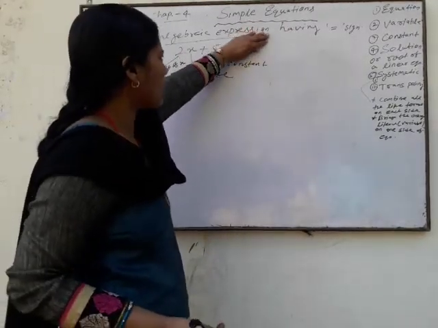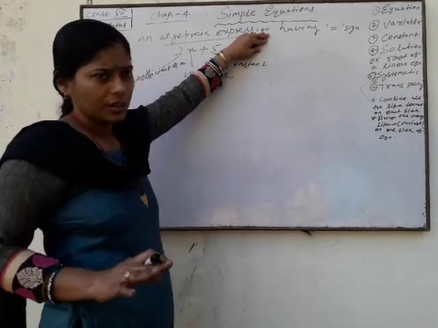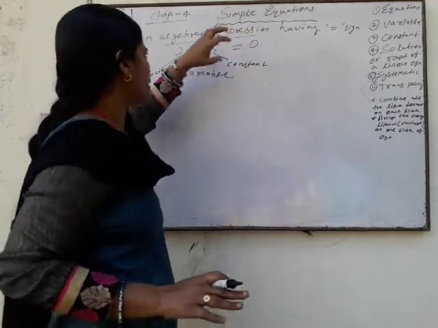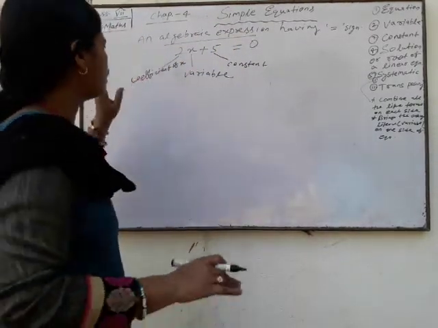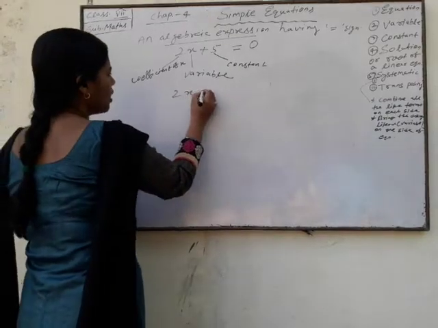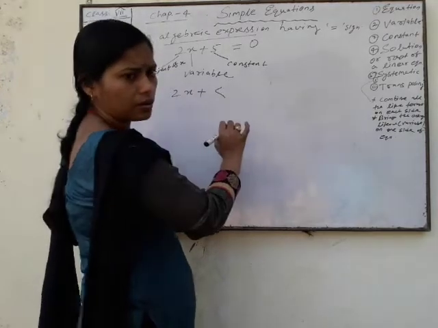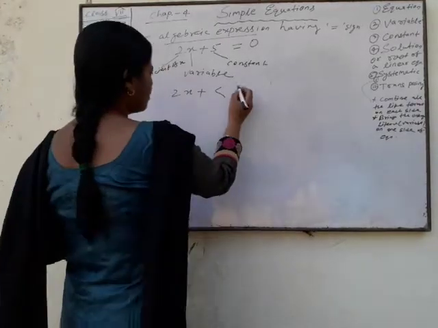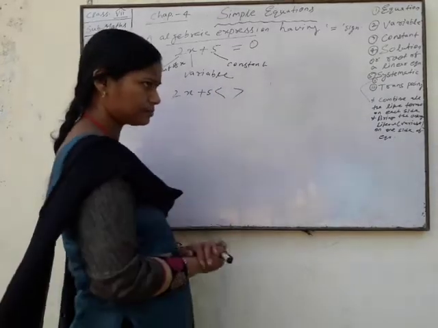If there is no equal sign, it is just an algebraic expression. An algebraic expression equal to something is an equation. Suppose 2x + 5 is less than 7.